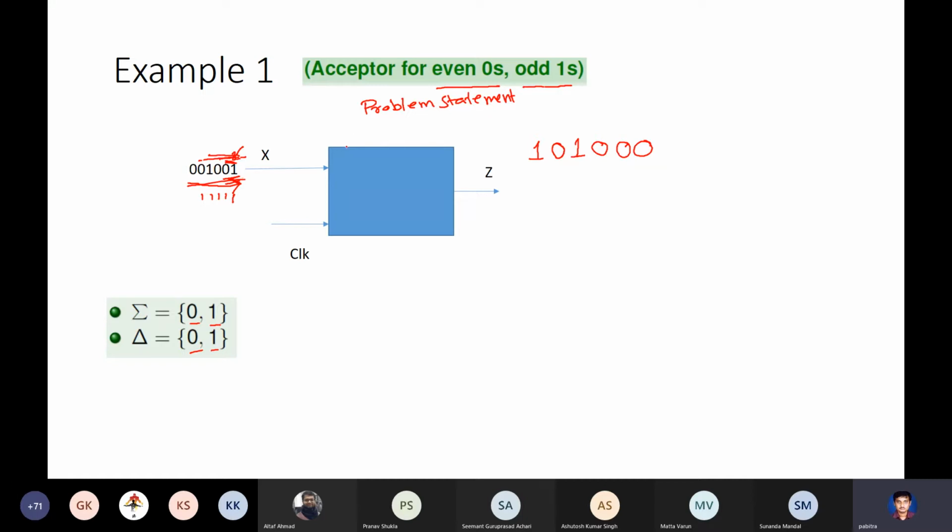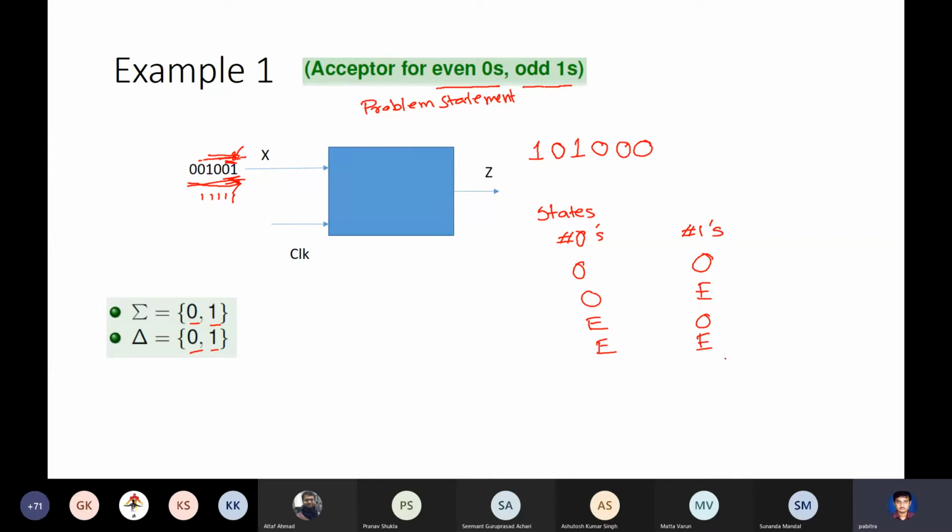Let's look at the state: the number of zeros and the number of ones. So 4 possibilities are there. It can be odd and odd. It can be odd and even. It can be even and odd. It can be even and even.